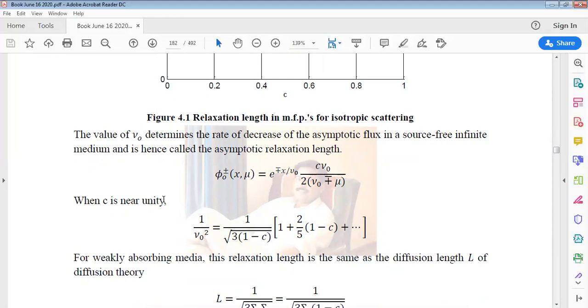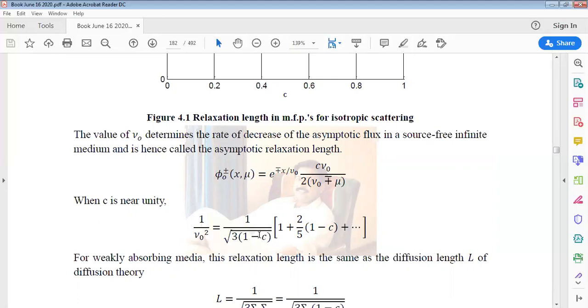Now, if c is near 1, then you can see that when you express 1 over nu square over here, this converges fairly rapidly, and you can say that only the first term contributes significantly. So nu naught square is the square root of 3 times 1 minus c.